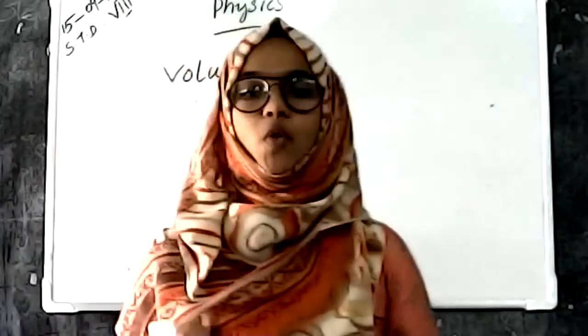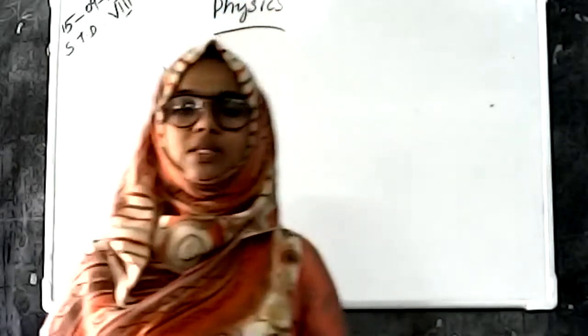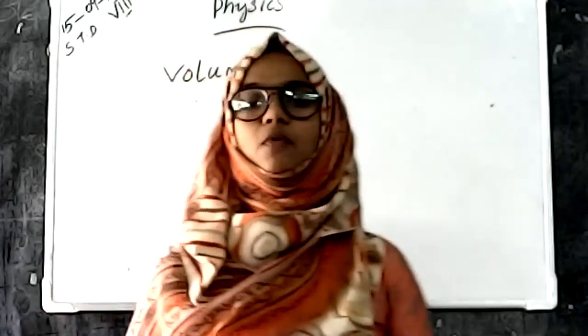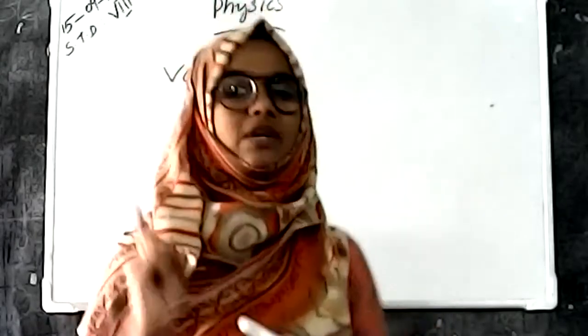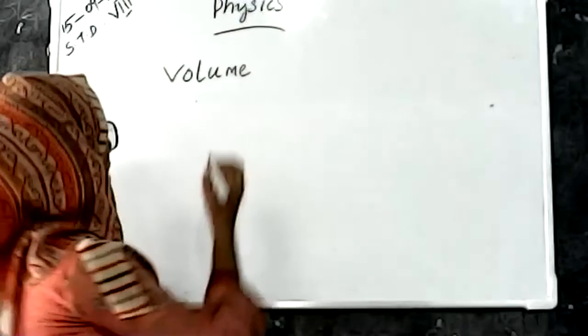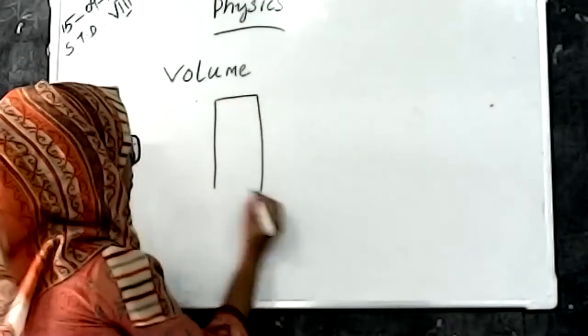What is the volume of a substance? To define the volume of a substance, we are considering two blocks. The first block is a wooden block and the second block is a thermocol block.